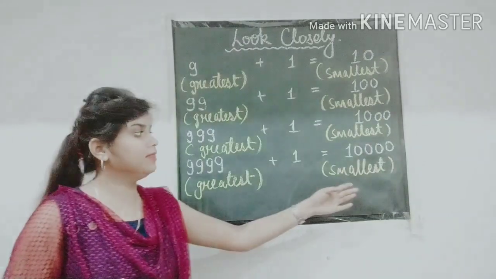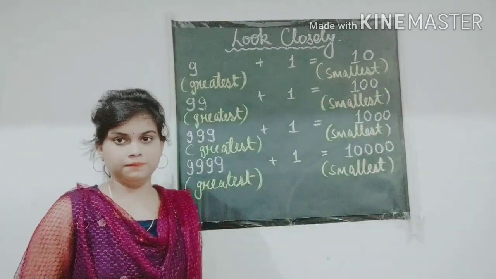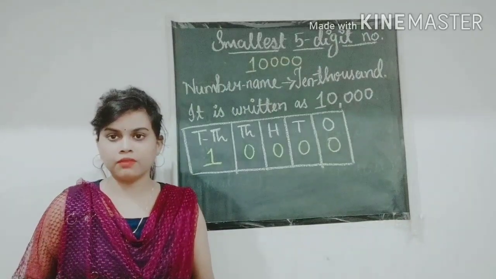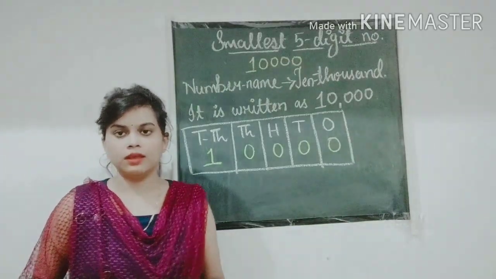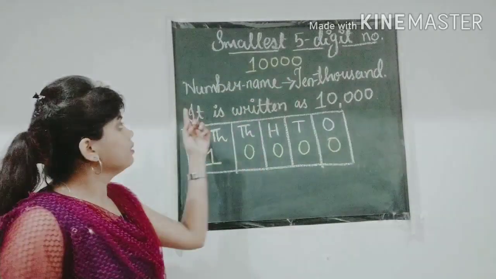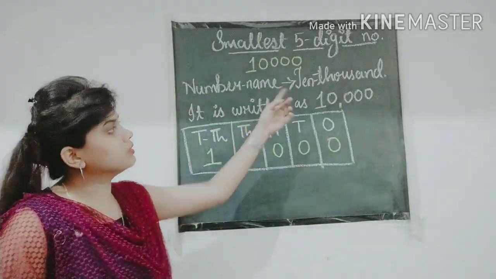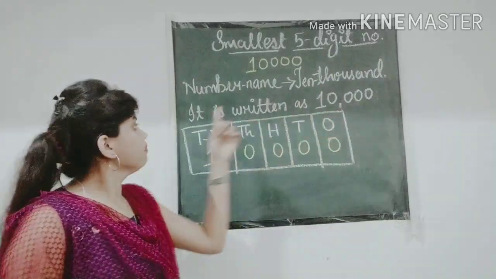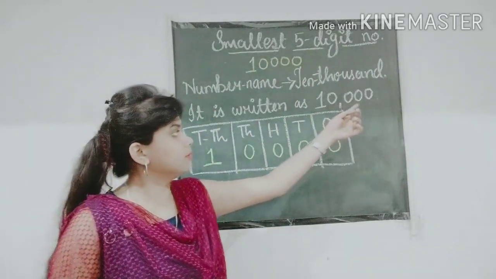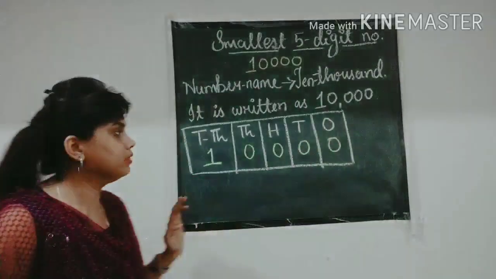That is 10,000. So what is the smallest 5-digit number? We have just come across it. Yes, it is 1 followed by 4 zeros. The number name for this is ten thousand. It is written as 10,000.